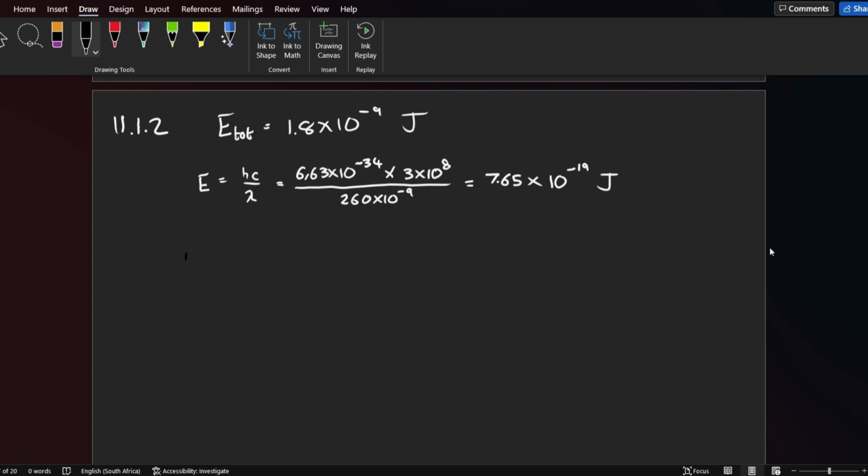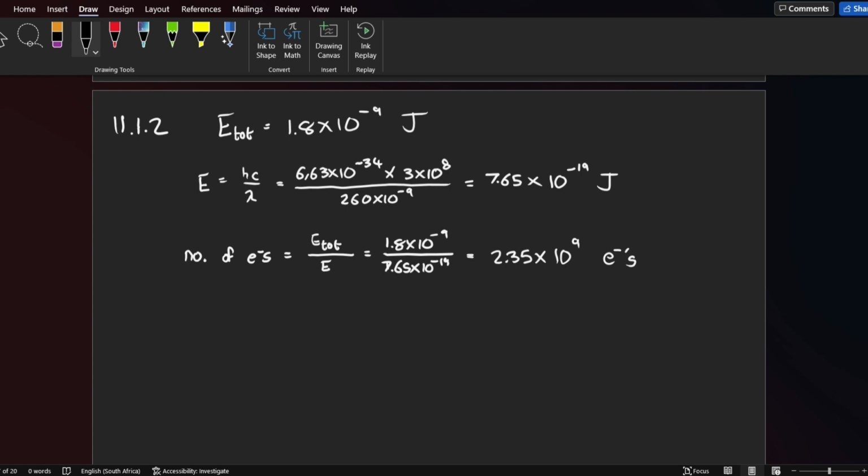So the number of electrons will be equal to the total energy over the energy of one photon, which means we will substitute 1.8 times 10 to the negative 9 in the numerator and 7.65 times 10 to the negative 19 in the denominator, and we will get the number of electrons transferred in 1 second to be 2.35 times 10 to the power 9 electrons. Okay.